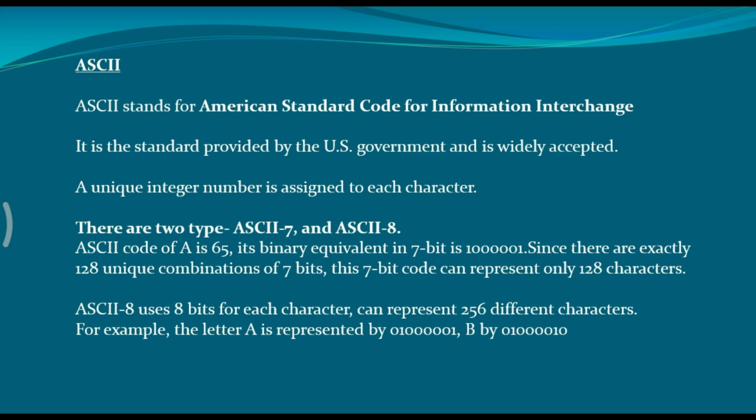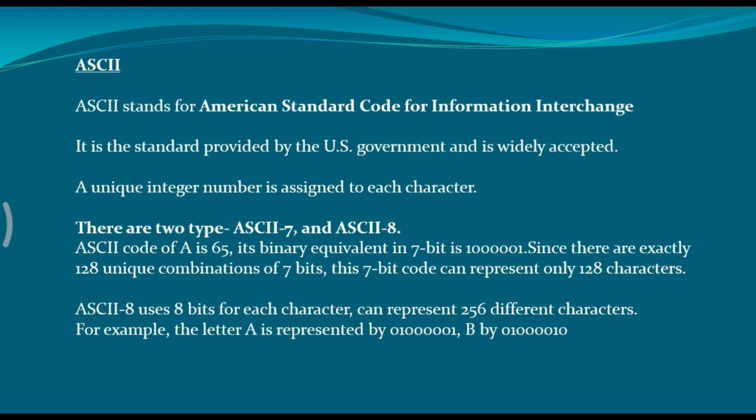But in the case of ASCII 8, there are 8 bits to represent each character. So we can represent 2 raised to 8, that is equal to 256. Using ASCII 8, we can represent 256 different characters.